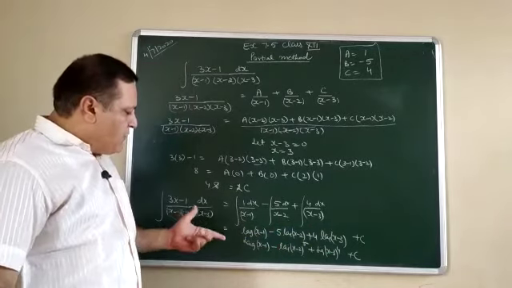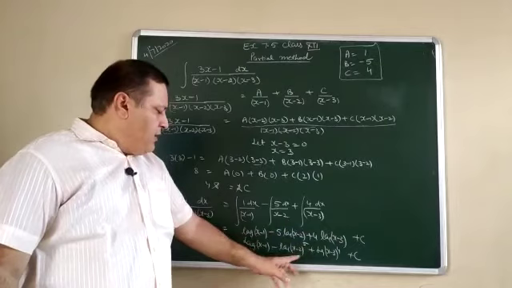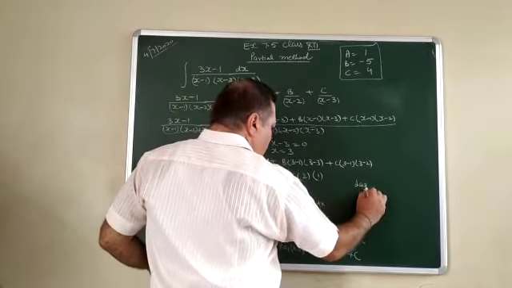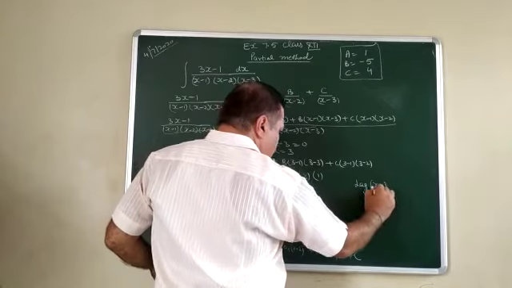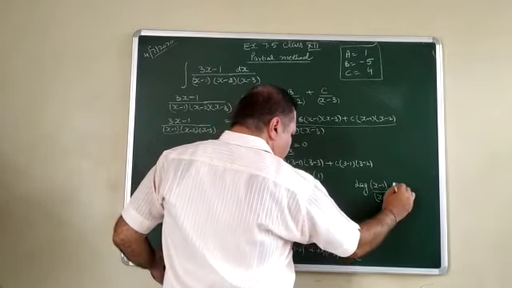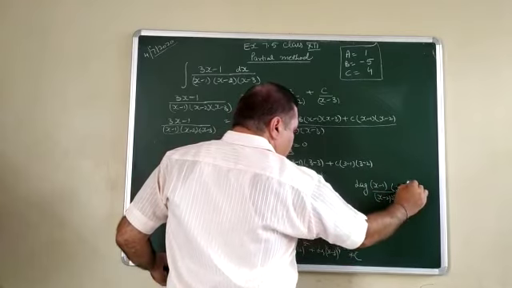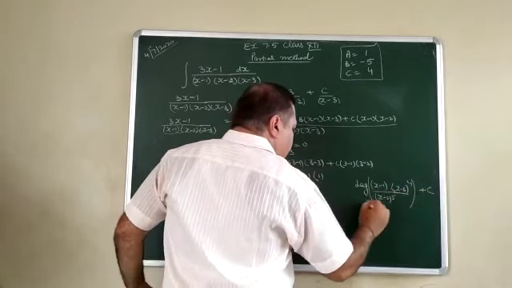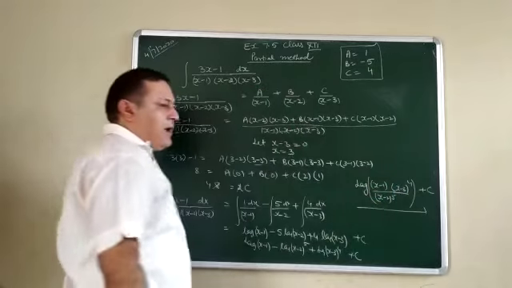Now using the last property of logarithms, for addition and subtraction, we can write log of (x minus 1) upon (x minus 2) to the power 5 into (x minus 3) to the power 4 plus C, a constant of integration.